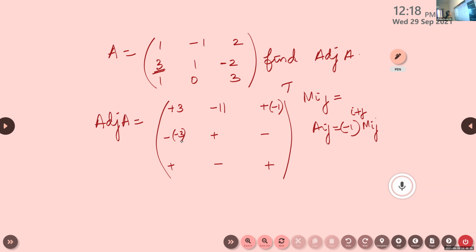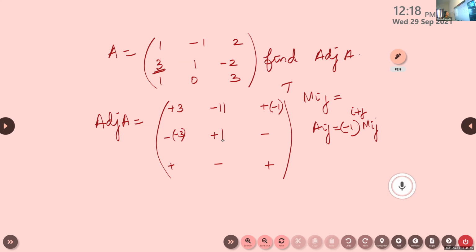For the next element, what is the cofactor? Yes, Shubham, if you leave this row and column, 3 minus 2, is it 1? Shubham? Yes, sir. Give the cofactor of the next element, Shubham. Minus 2.